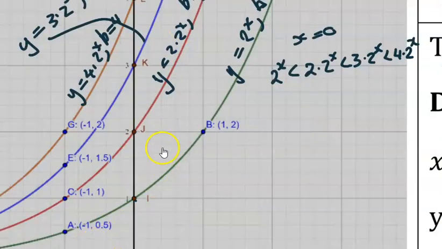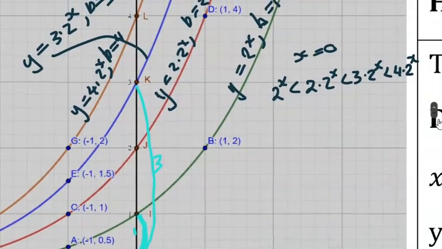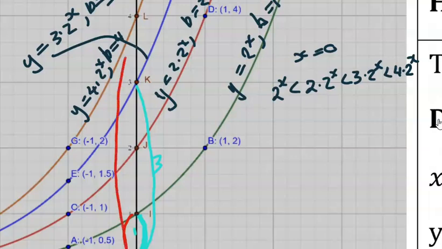Just as for the red graph, the blue graph is now this value, 1 unit in the y direction, stretched vertically 3 units. So this is 3 and this is 1. And for the orange graph, I have 1 unit here, and then it stretched vertically 4 units in the y direction.